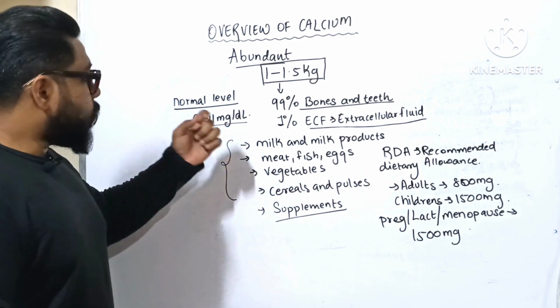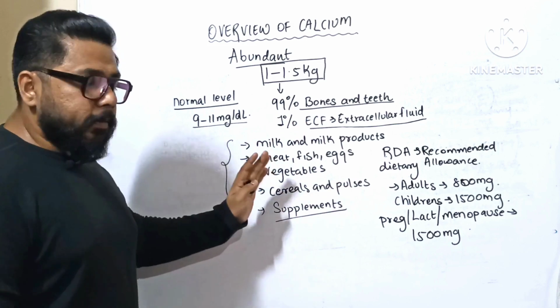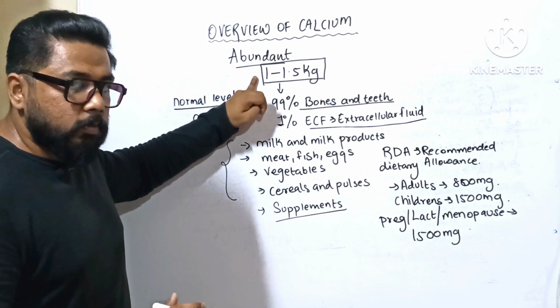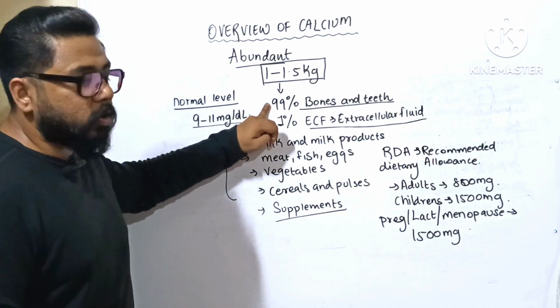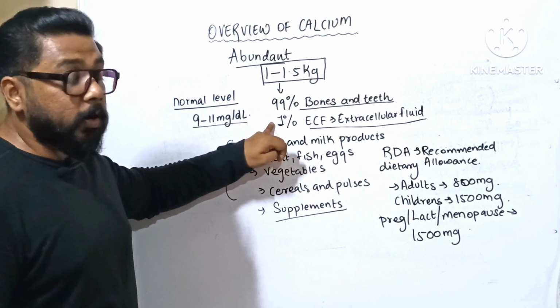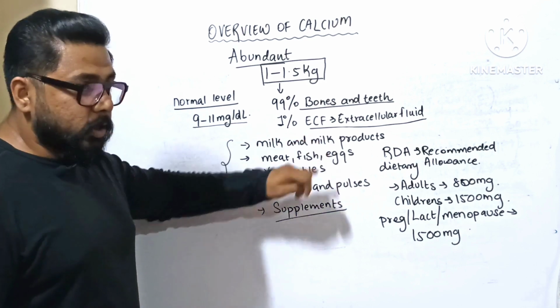We have seen that. Just as a summary, there is around 1 to 1.5 kg of calcium inside the body. 99% of calcium is stored in bones and teeth, and 1% is stored in the extracellular fluid.